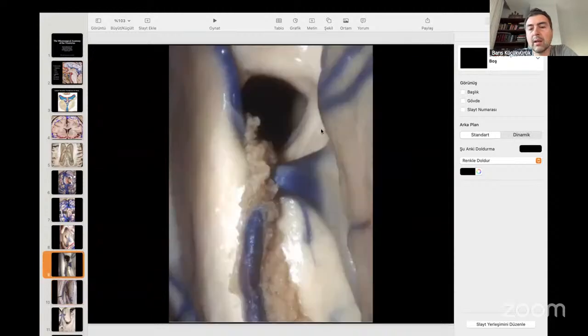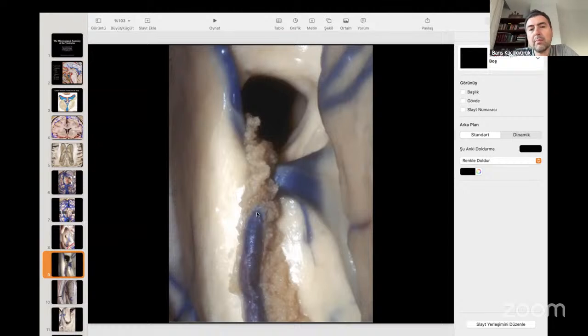Let me go back again. As I said, we always need to find the thalamostriate vein, which will be coming from lateral to medial. So we understand that we are in the right ventricle. As I said, there will be no vein here. Another less consistent landmark is that this choroidal vein always goes straight in a vertical axis, but a little bit with an angle of going laterally.